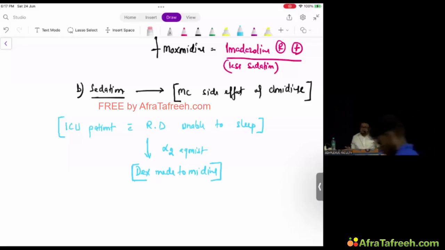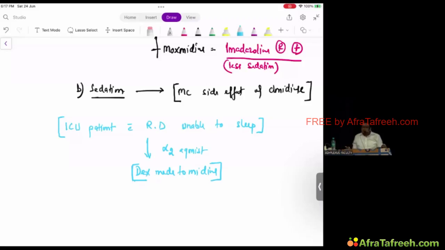So it is also an alpha 2 agonist used as a sedative now. Clear? For clonidine, sedation is a side effect. Clonidine is an antihypertensive drug. For clonidine, sedation is the side effect. For dexmedetomidine, that becomes the use, a very commonly asked drug. What is the advantage? Sedation without respiratory depression.